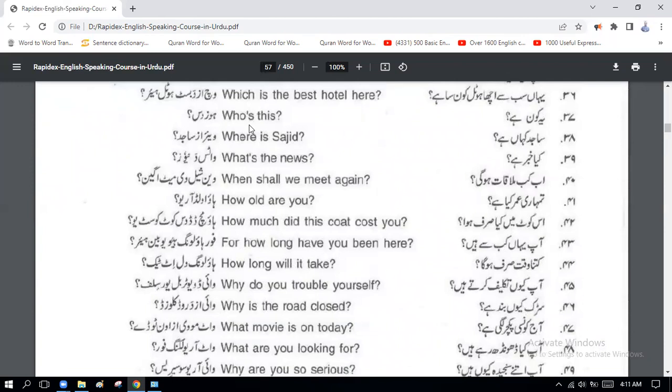Who is this? Where is Sajid? What's the news? When shall we meet again? How old are you? How much did this coat cost you? For how long have you been here? How long will it take?